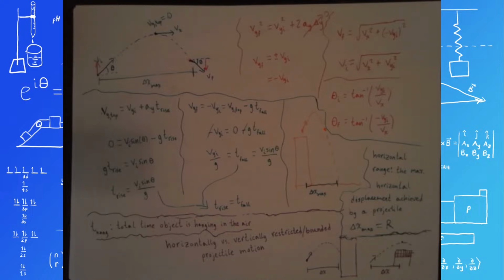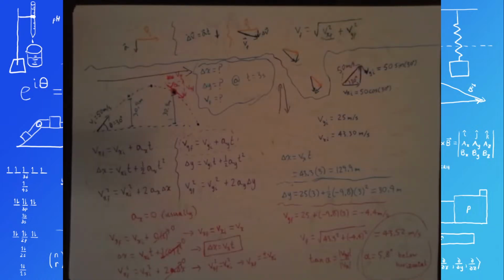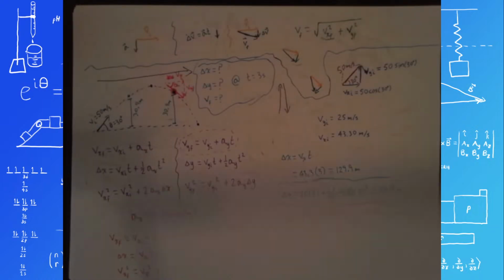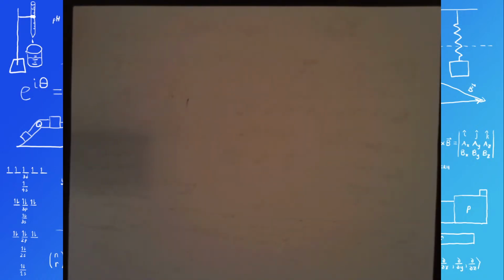First off, I think I want to start with this book problem. It says, a student stands at the edge of a cliff and throws a stone horizontally over the edge with a speed of 18 meters per second.